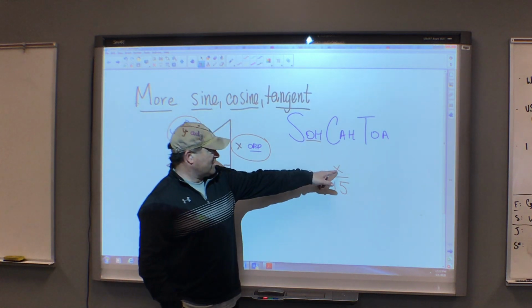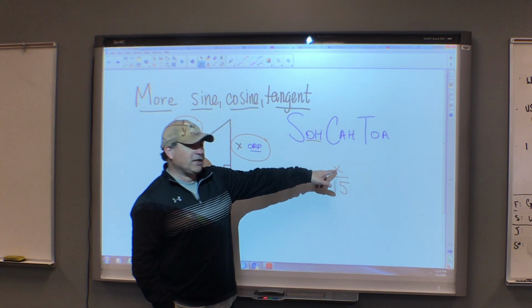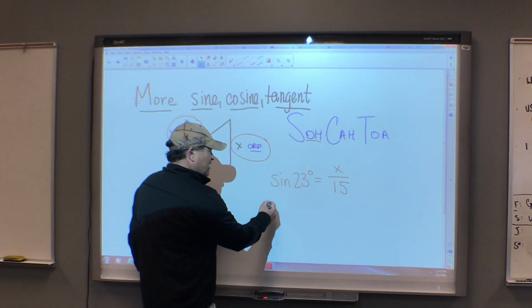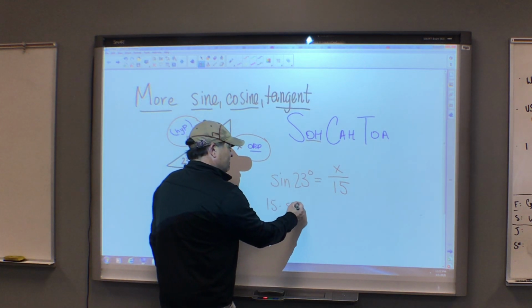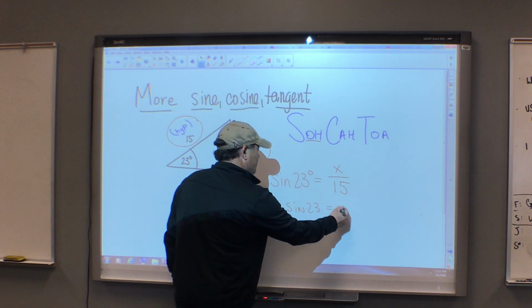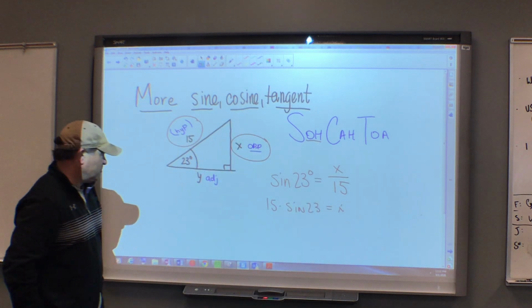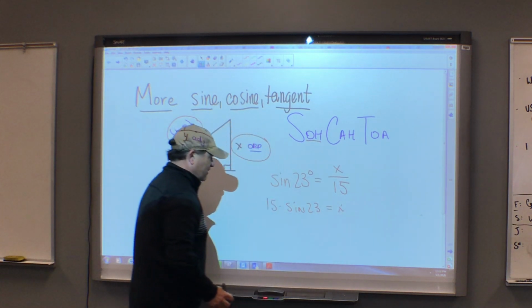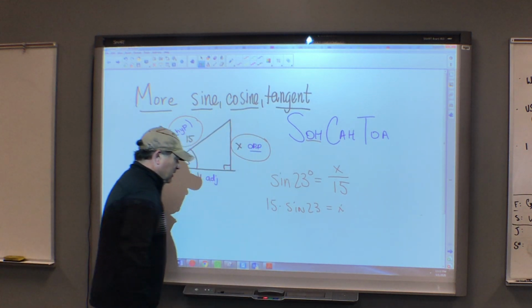Well, x is the unknown, it's in the numerator, so we can isolate that by simply multiplying both sides by 15. So 15 times the sine of 23 is going to turn out to be x. Okay, so I'm going to have to go find myself a calculator to make that work.